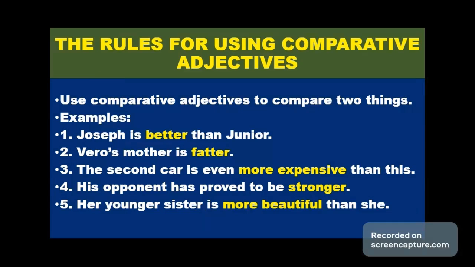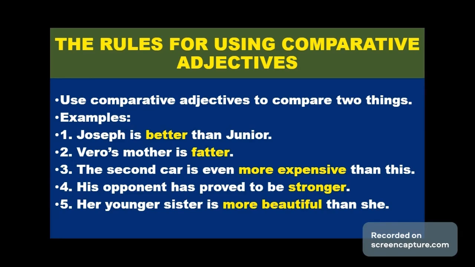Now, when comparing 2 things, you are likely to use adjectives such as bigger, taller, smaller, more excited, more interesting, less exorbitant, and so on and so forth. Now, take note of the ER ending and the words more and less. These are used to make comparisons, and these are known as comparative adjectives.